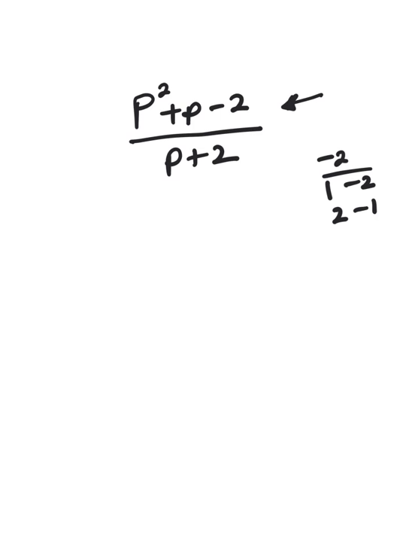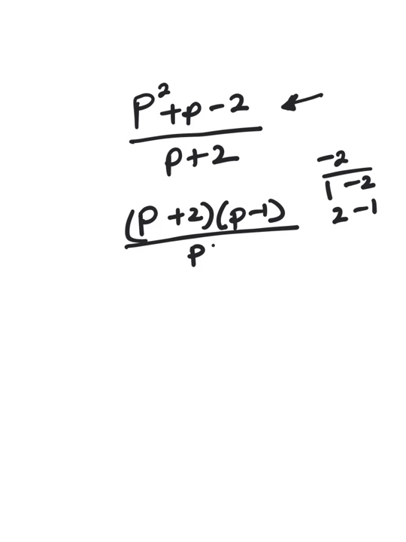We're going to use 2 and minus 1. So we have p plus 2 times p minus 1 divided by p plus 2. You notice that these two will cancel, so when you simplify this, your answer is going to be p minus 1.